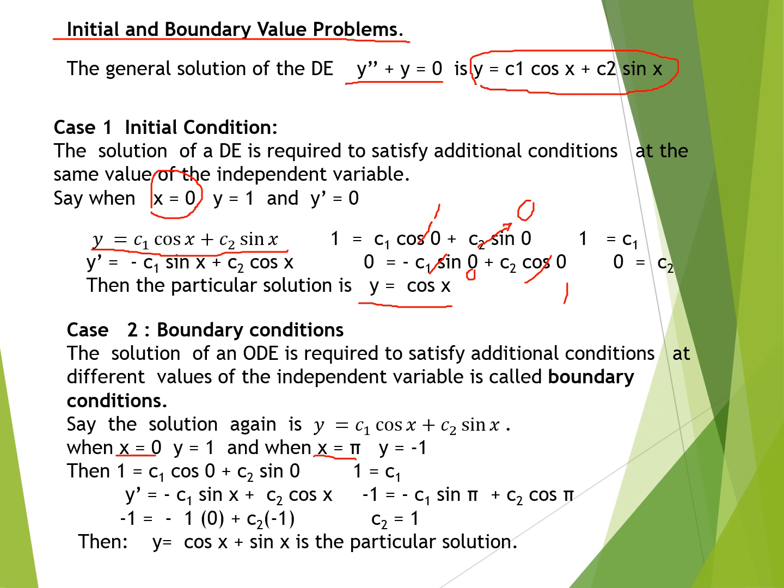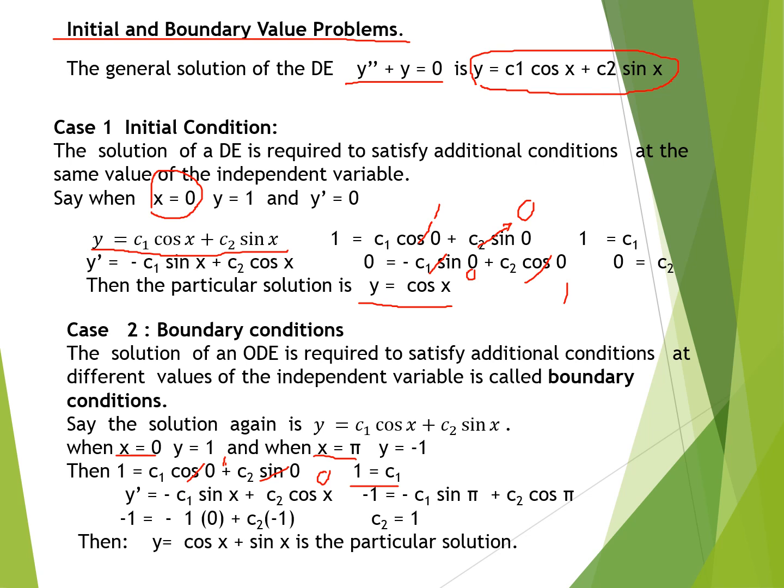So just plug it there. 1 equals c1 cosine 0 plus c2 sine 0. This is 0. This is 1. Therefore, c1 is 1. And get the first derivative, negative c1 sine x plus c2 cosine x, and plug in when x is pi, y is negative 1. So this is negative 1 is negative c1 sine pi plus c2 cosine pi.